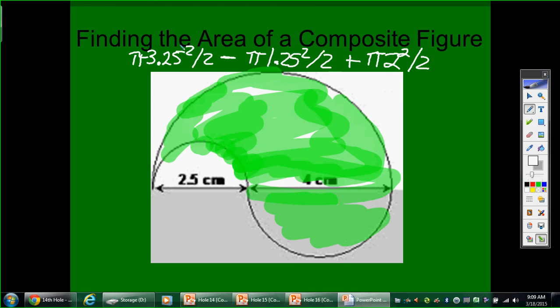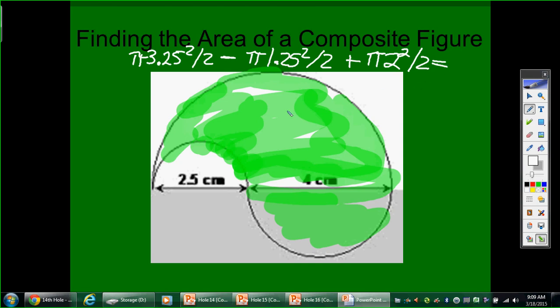So you can see I've gone step by step and created one large equation. And I'm just going to use my calculator to punch that in. Pi times 3.25 squared divided by 2 minus pi times 1.25 squared divided by 2, because it's a half circle, plus pi times 2 squared divided by 2, because it's a half circle.